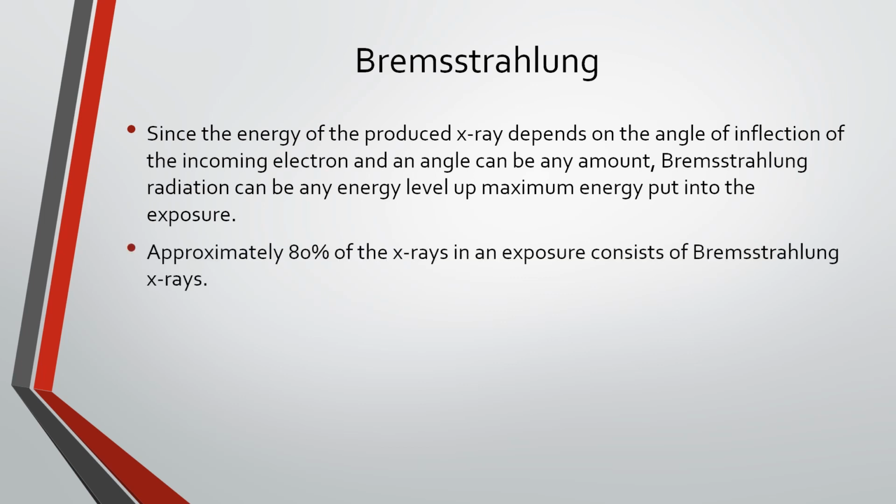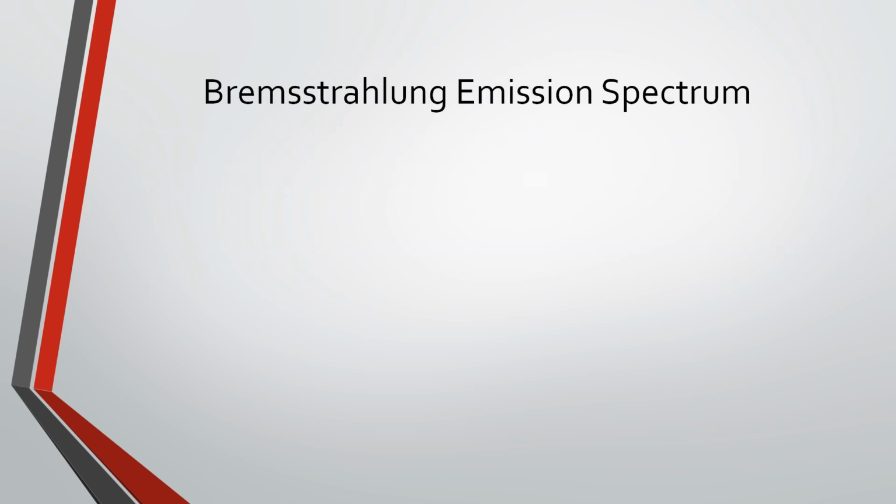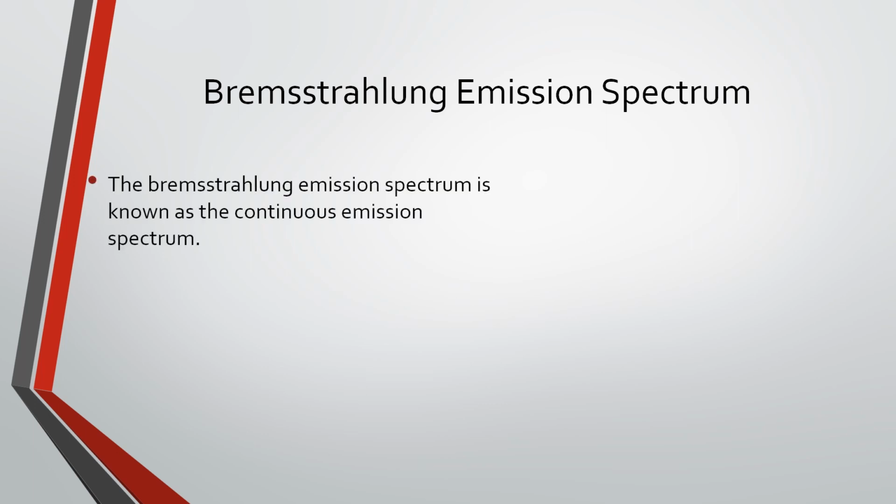Approximately 80% of the X-rays in an exposure consist of Bremsstrahlung X-rays. So now we'll talk about the Bremsstrahlung emission spectrum. The Bremsstrahlung emission spectrum is known as the continuous emission spectrum.